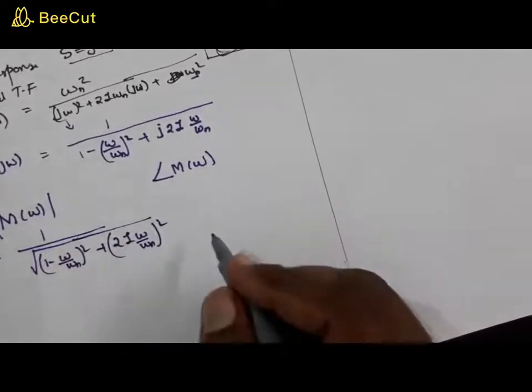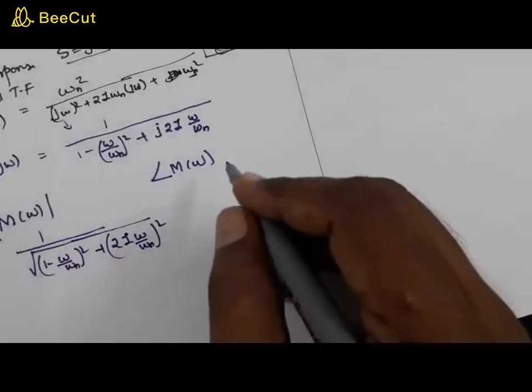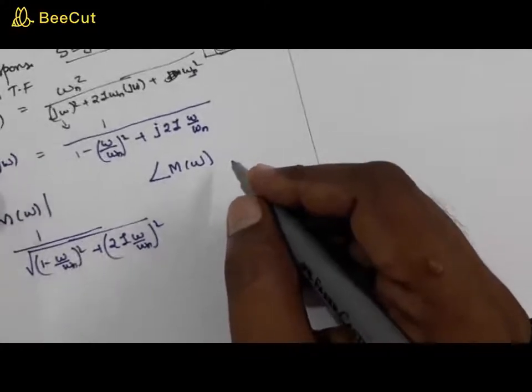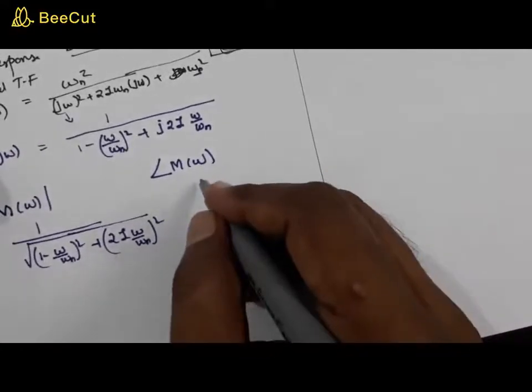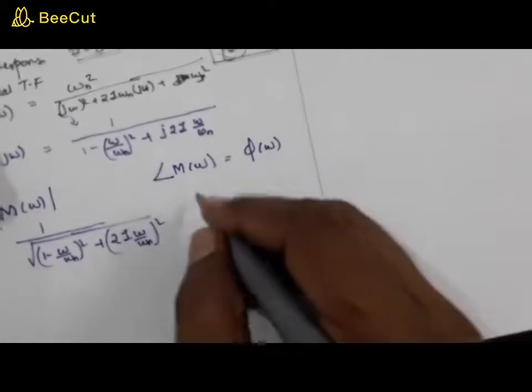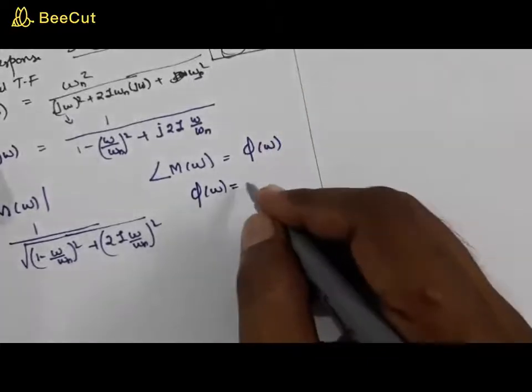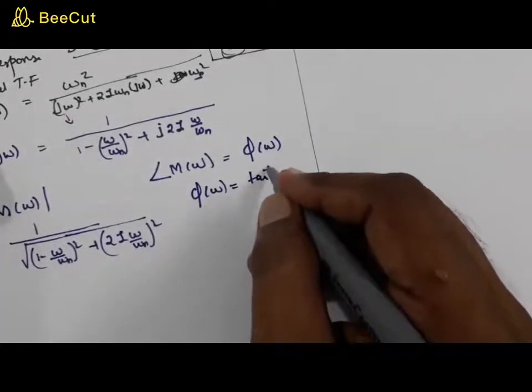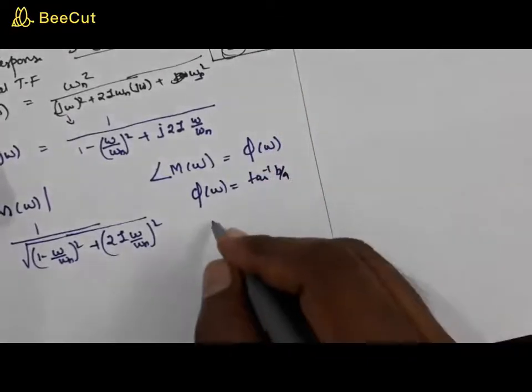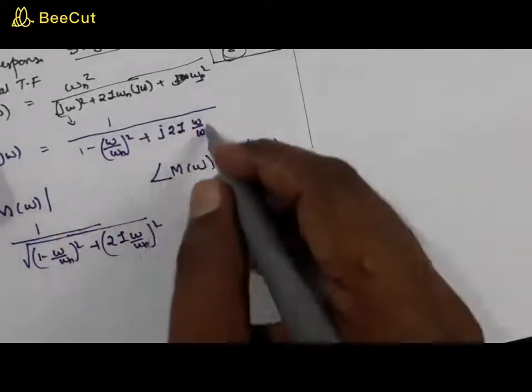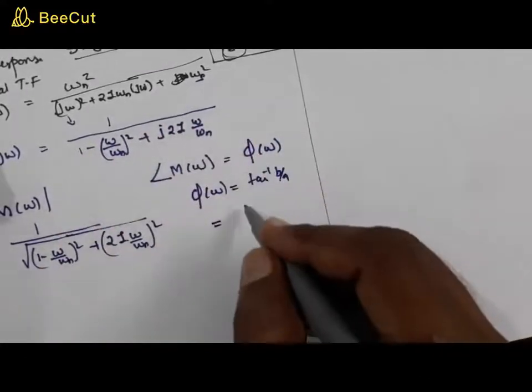Now what will be your phase? How will you calculate the phase? This can be written as phi of omega. If you have a plus jb, it will be tan inverse b by a, right? So you are going to find the phase of this.